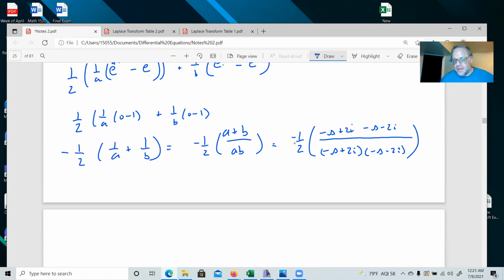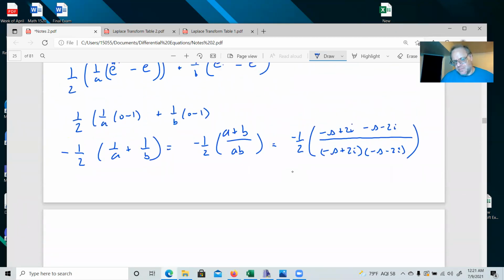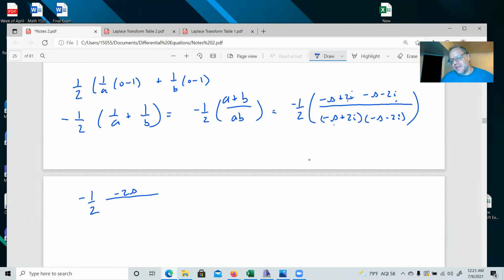On the top, it's kind of nice, because positive 2i, negative 2i, that goes away. And we just end up with a negative 1/2 times negative 2s up here, so everything conveniently works out. Here we have negative s times negative s, s squared. We have 2i times negative s, so that's minus 2is.